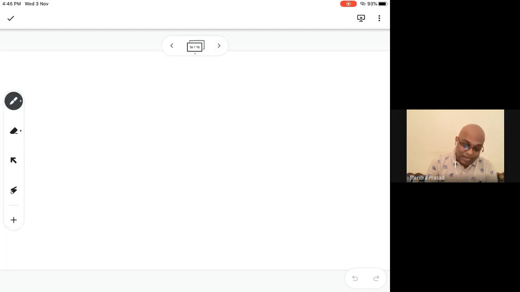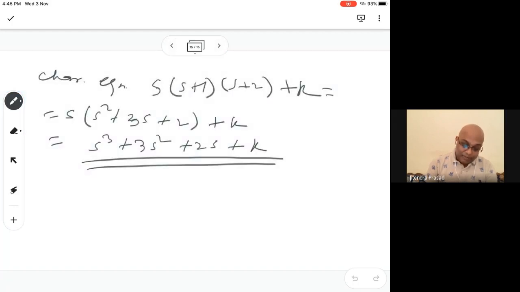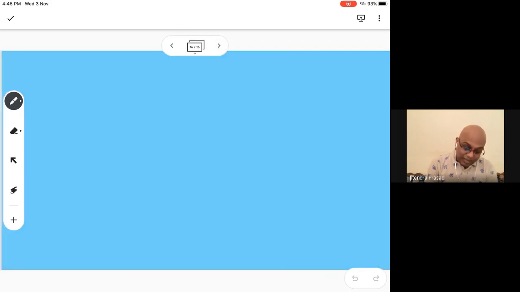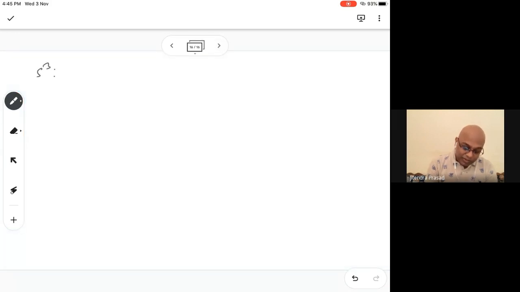So we write S cube, and then we write S square, and so on.